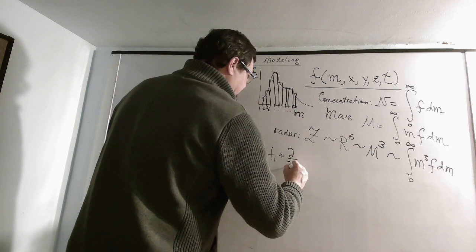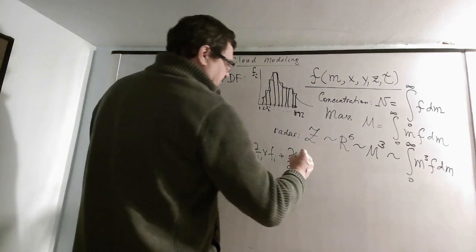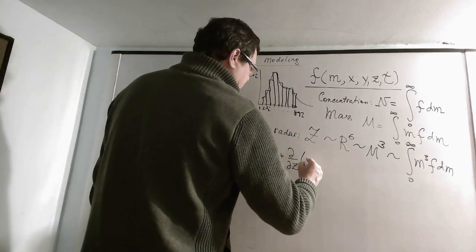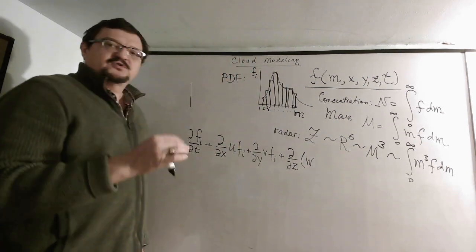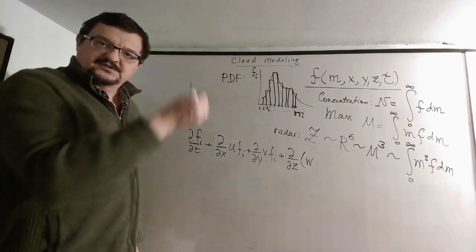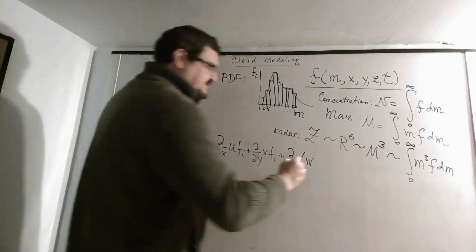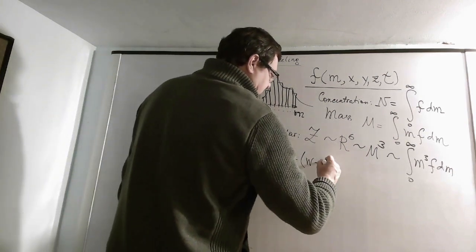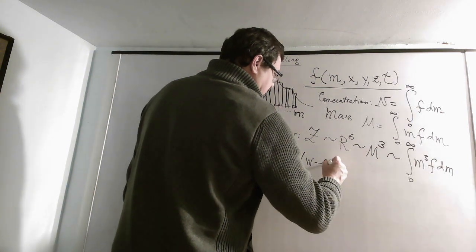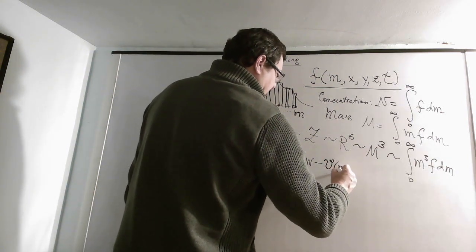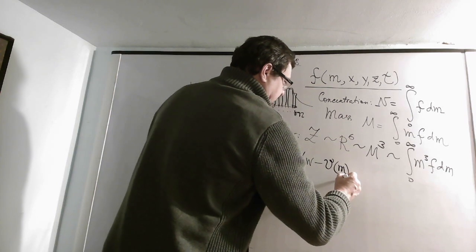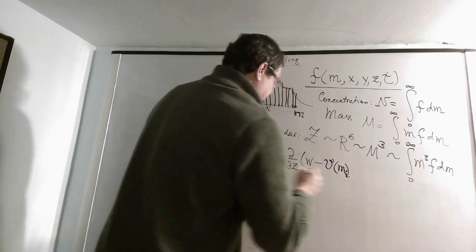And here there is a first addition. Here you have vertical velocity of air, but also particles fall down. They have sedimentation, they sediment down. So you have some sedimentation velocity here, let's call it v as a function of the mass of this moment i.